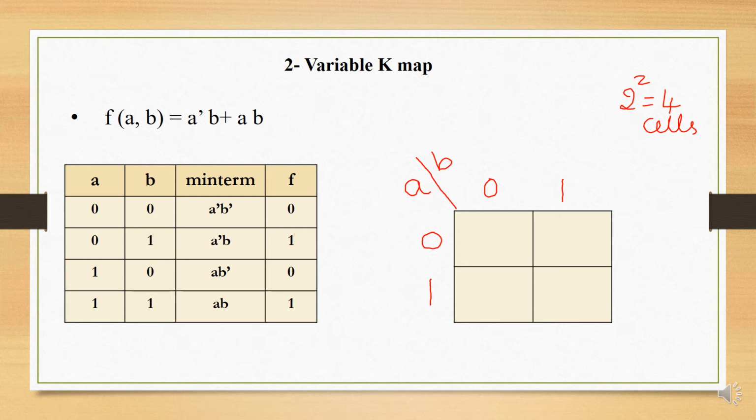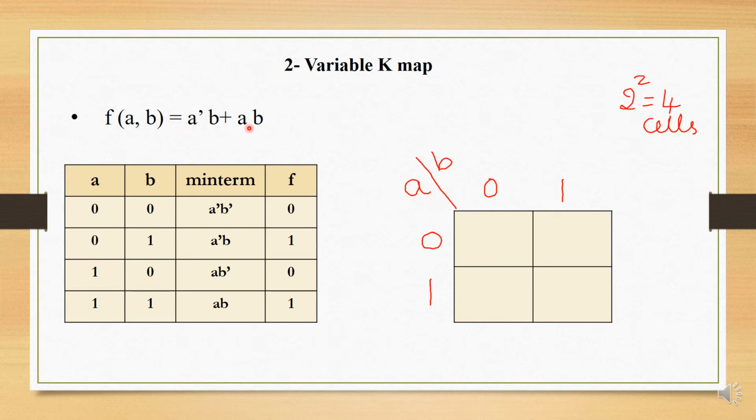We define the values for variables A and B, and the same expression is represented in the tabular column. Let's consider the different combinations for A and B: 0 0, 0 1, 1 0 and 1 1.